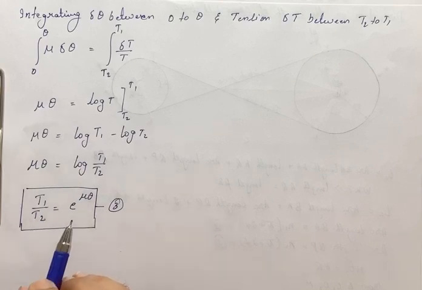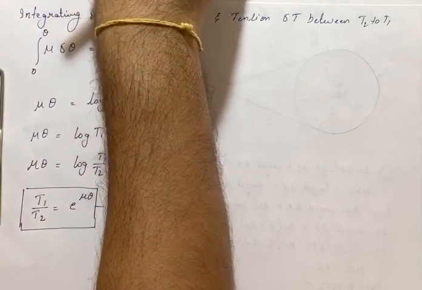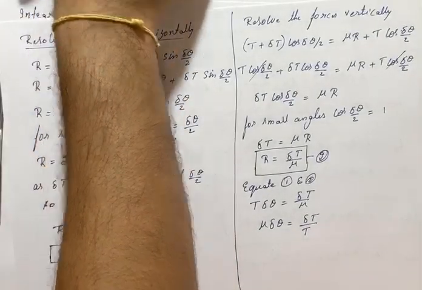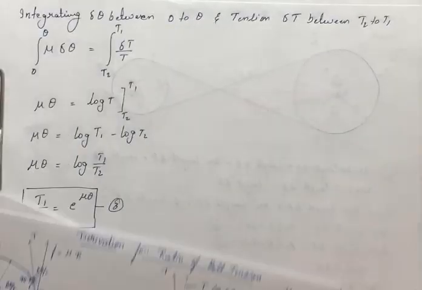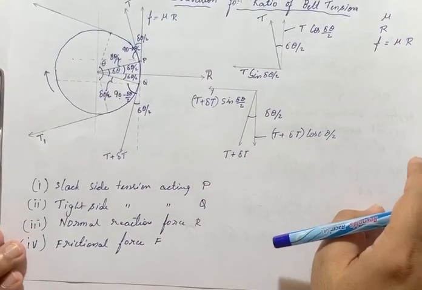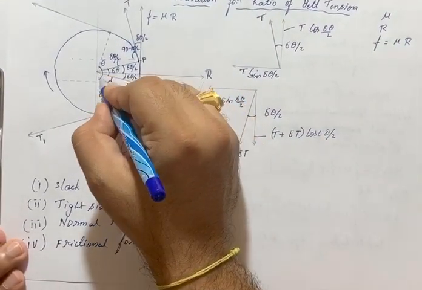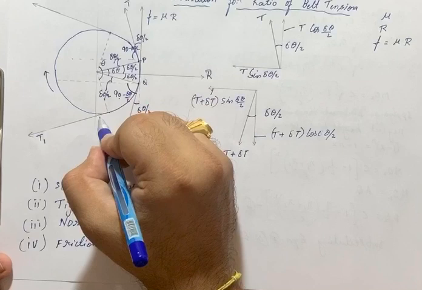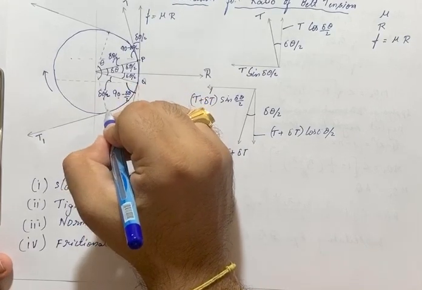This is the ratio of tensions in a belt drive. Now what is the angle of contact? Angle of contact is the angle subtended at the center of the pulley when the belt makes contact with the surface of the pulley. That is, theta here is the angle of contact.